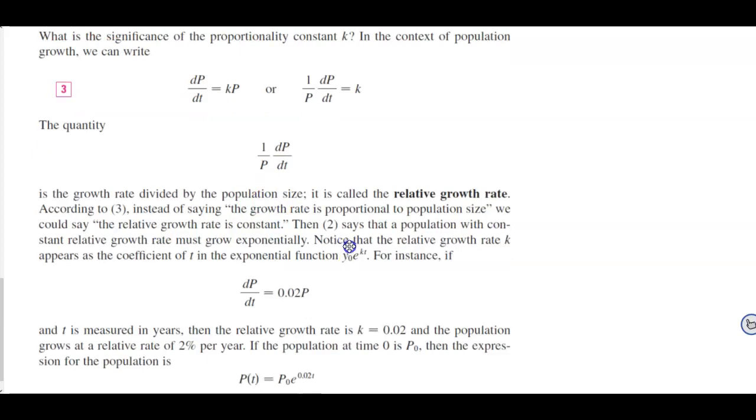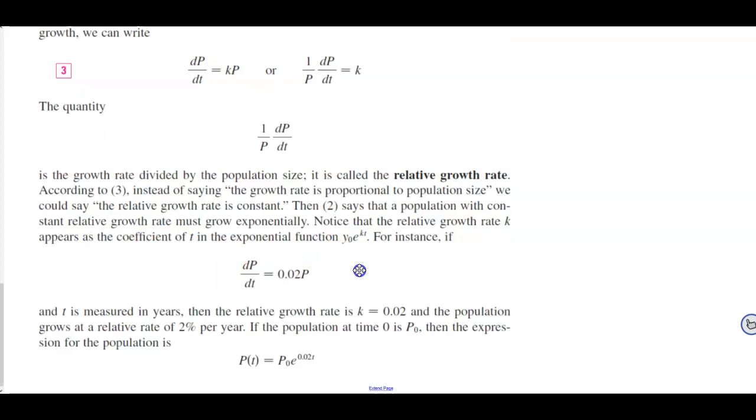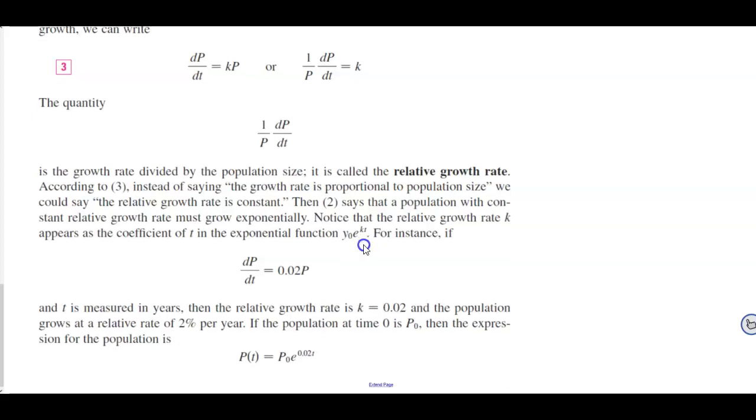So then equation 2 says that a population with constant relative growth rate must grow exponentially. Notice that the relative growth rate k appears as the coefficient of t in the exponential function y naught times e to the power of kt. So for instance, if we had dP/dt equal to 0.02P, and t is measured in years, then the relative growth rate is k equal to 0.02.